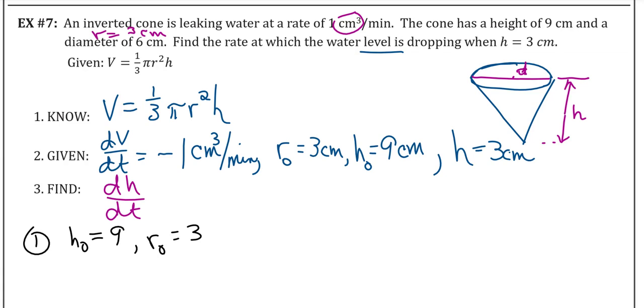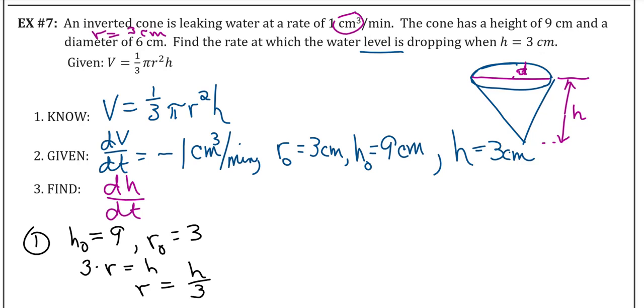So the height is 3 times as big as the radius. We can use that relationship because it has to stay that way in order to keep it the same cone. So we can replace R with H over 3.